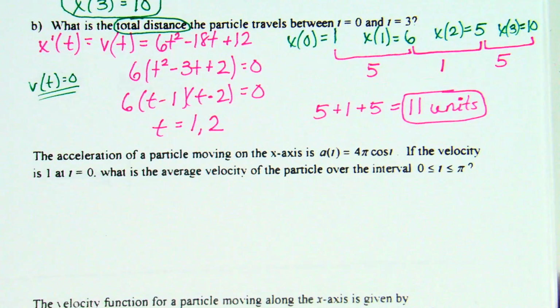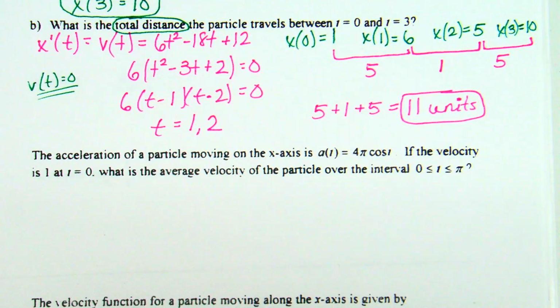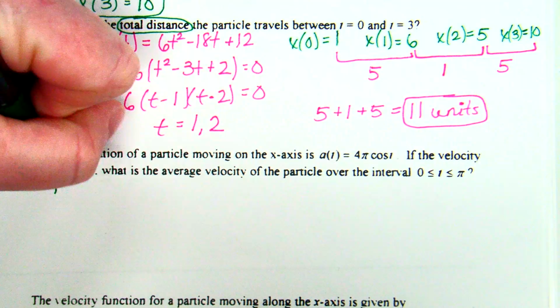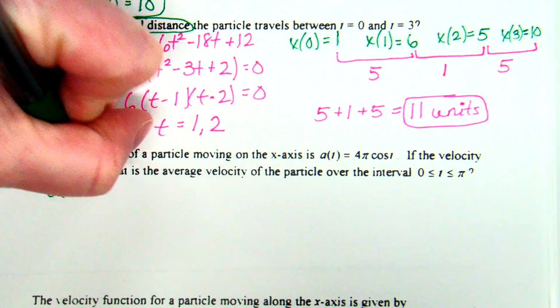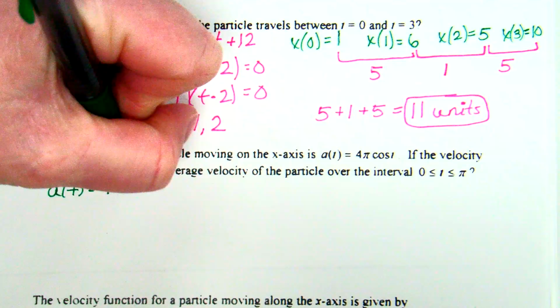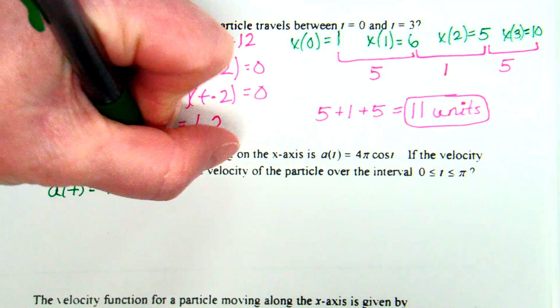The acceleration of a particle moving on the x-axis is a of t equals 4 pi cosine t. If the velocity is 1 at t equals 0, what is the average velocity of the particle over the interval 0 to pi? Okay, guys. I'm just going to start writing down some information. We're provided an acceleration formula, yes? Acceleration is 4 pi cosine t.